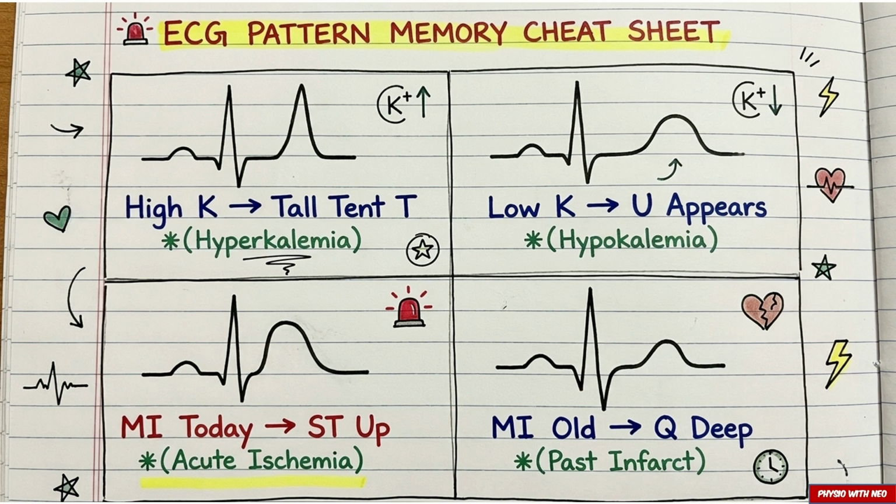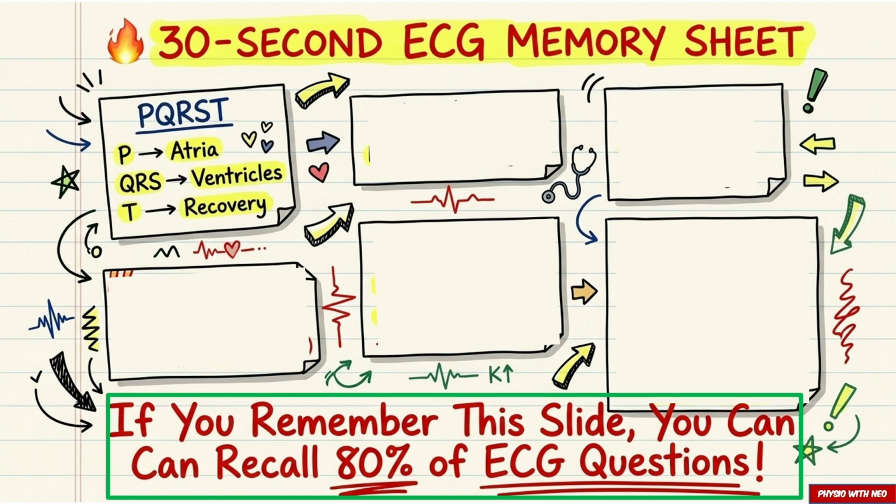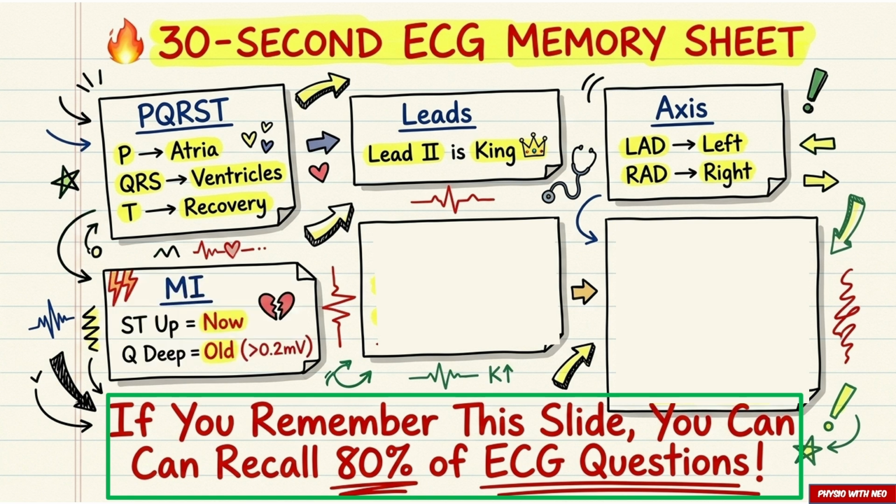So let's finish with one page that can revise the entire chapter. If your exam starts in the next 5 minutes, revise only this slide. P means prepare, QRS means squeeze, and T means take rest. Lead 2 is the most commonly used lead. LAD means left axis deviation, RAD means right axis deviation. MI: current MI is ST segment elevation, old MI is deep Q wave.